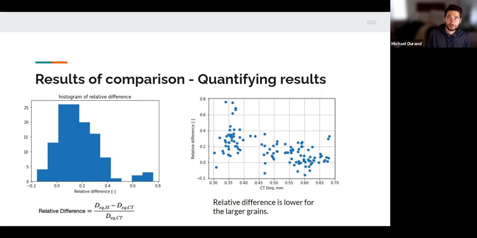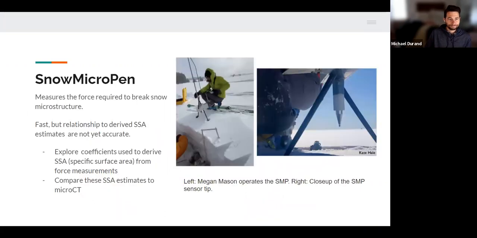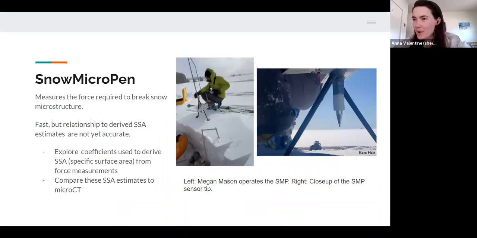And so from the integrating sphere work, then we start looking at the SMP. So the snow micropen measures the force required to break snow microstructure, and the great thing about this method is that it's really fast, but as we talked about before, the relationship to derived SSA estimates isn't quite accurate yet.